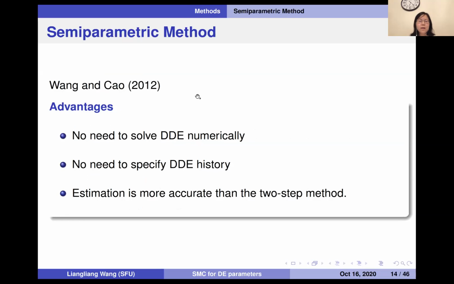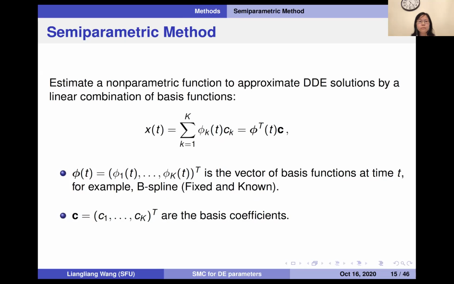So that's why many years ago we proposed a semi-parametric method. In this method, we don't need to solve the DDE numerically. We don't need to specify the DDE history, and the estimation is more accurate than the two-step method. What we did is approximate the DDE solutions by a linear combination of basis functions.